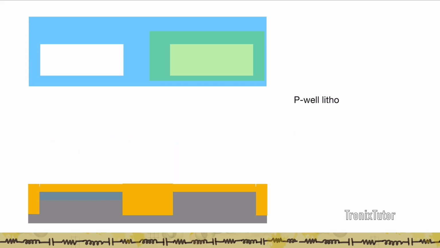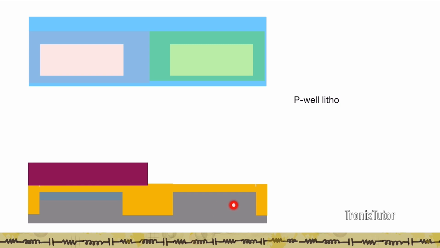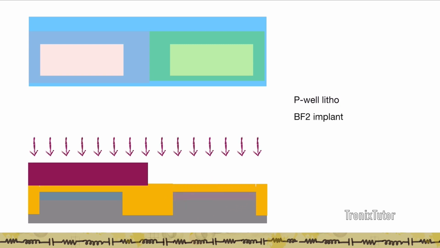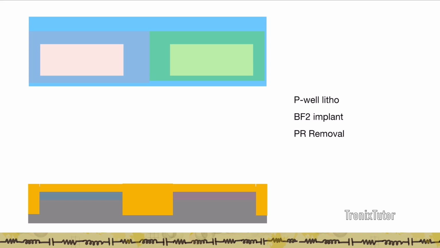This is followed by the P-well lithography. Again we expose the region where we want to create the NMOS and now do a BF2 implant. BF2 is boron fluoride, and it dopes the surface with boron atoms, creating P-type silicon in this region. Once that is done, we remove the resist.